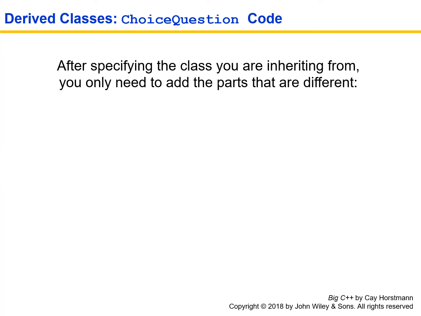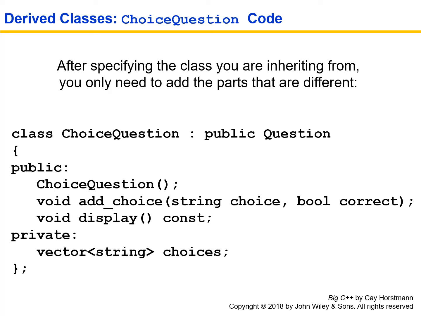After specifying the class you're inheriting from, you only need to add the parts that are different. So the body of our class ChoiceQuestion would have, in the public section, a ChoiceQuestion constructor function. We would have an addChoice function that adds a string as choice text and then specifies with a Boolean whether that choice is correct or not.